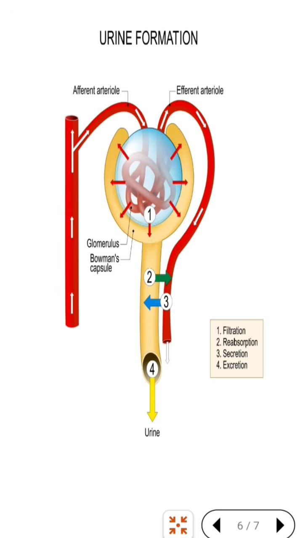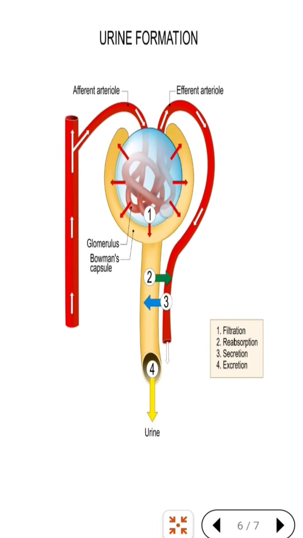First of all, we understand how blood is filtered. When blood comes through the afferent arteriole and enters this glomerulus, the afferent arteriole is thicker than the efferent arteriole, so it creates pressure, and here ultrafiltration occurs.